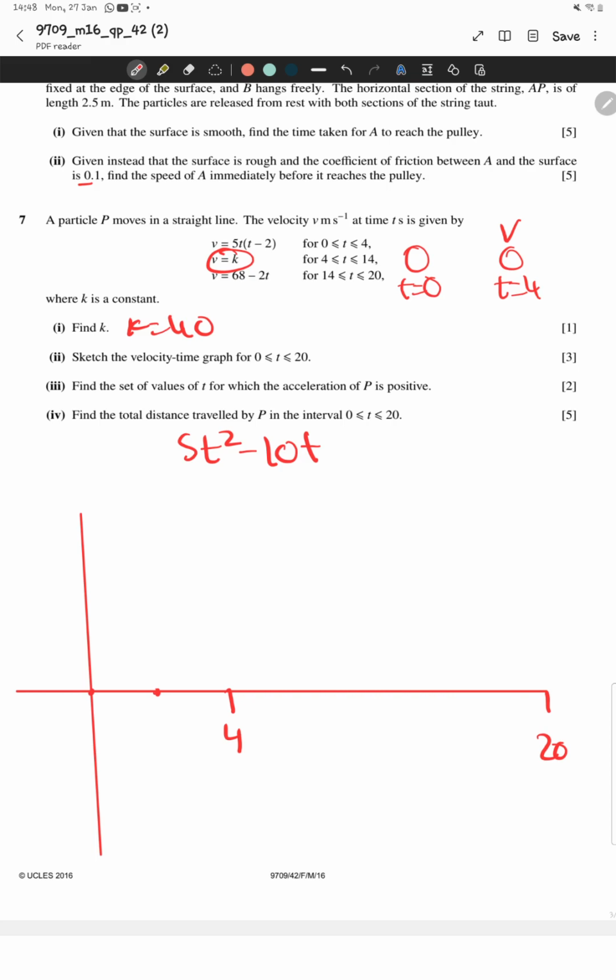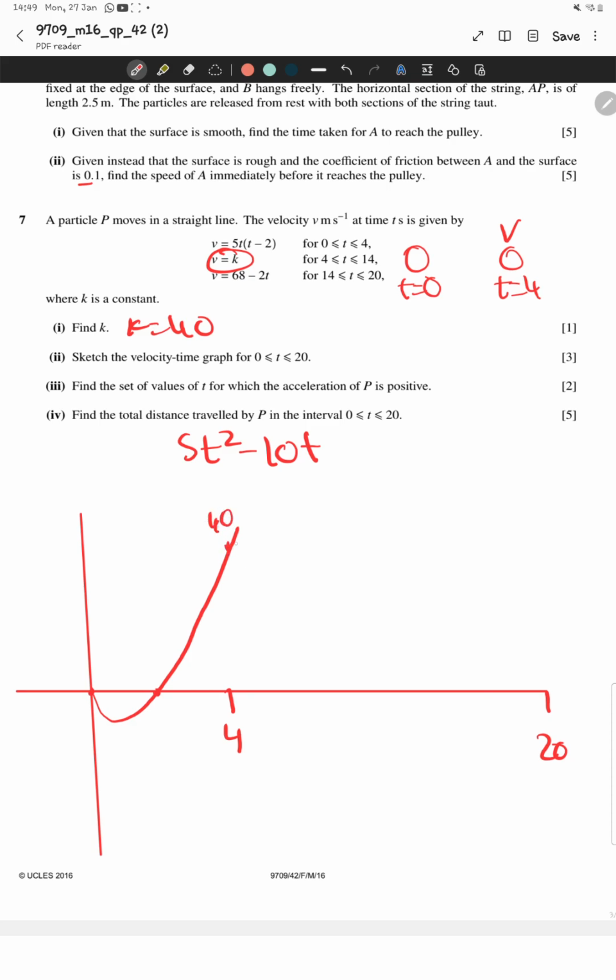Okay, so it's kind of like this, boom, or like boom. Yeah. And then you can continue this. Yeah, it's sort of like that, like a quadratic curve type. And at 4, it's 40.